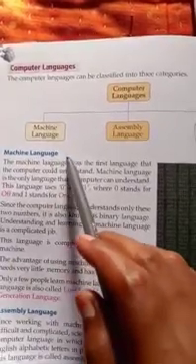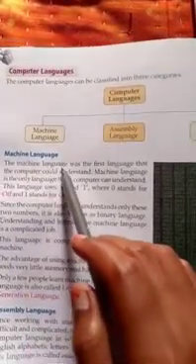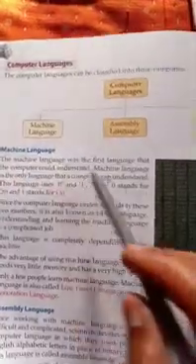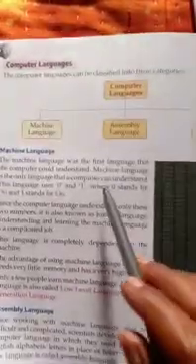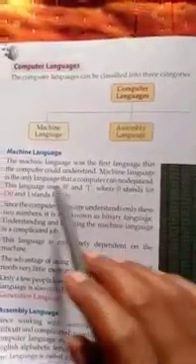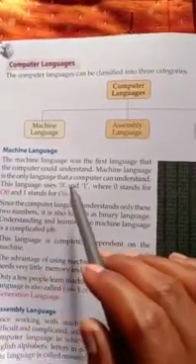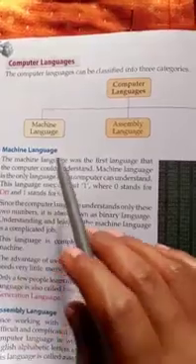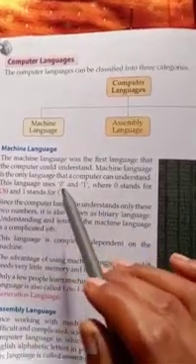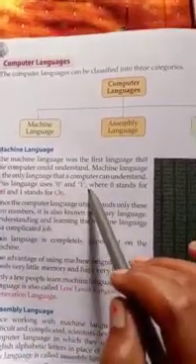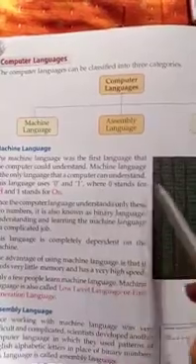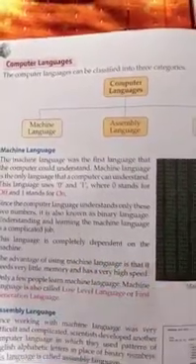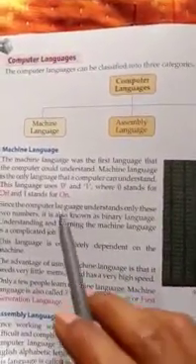So what is the first language? Machine language was the first language that computer can understand. Machine language is the only language that a computer can understand. This machine language uses 0 and 1, where 0 stands for off and 1 stands for on.